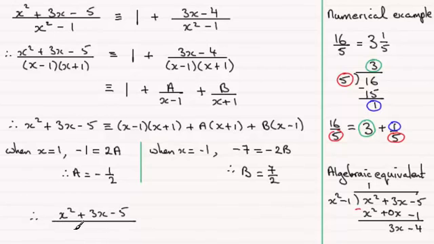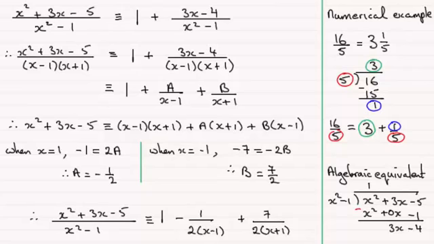A is a negative value, so we just can replace that with minus, and it'll be 1 divided by 2 times x minus 1. And then we've got plus b. B is a positive value, so it's going to be plus 7 over 2 times x plus 1. And there you have it, your partial fractions.